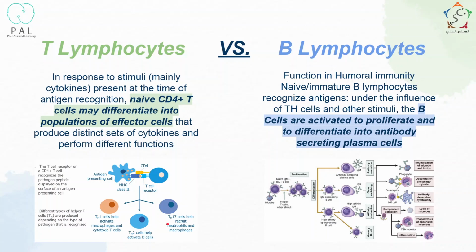Now, Th17 is not really that important in my own point of view, but just for you to know, it secretes chemokines that recruit neutrophils and monocytes. And as I said before, neutrophils are present in chronic inflammation, just not to the same extent as they were in acute inflammation.